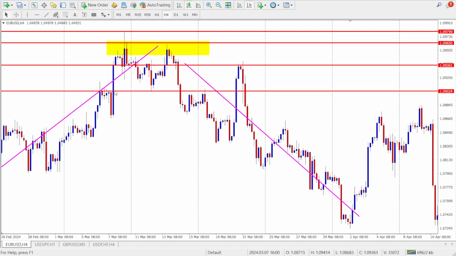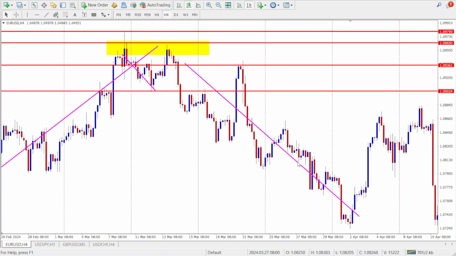You can see the distance between here and here. We eventually had price come down to fill that void, right? Or rather, to fill up that space, that space of that significant move between this candle and the next candle, okay?